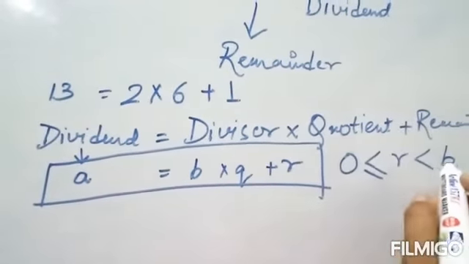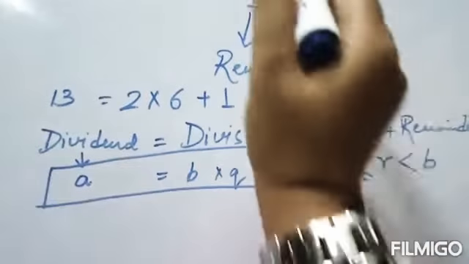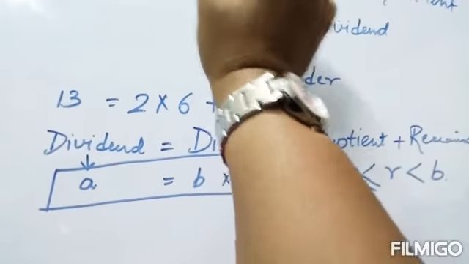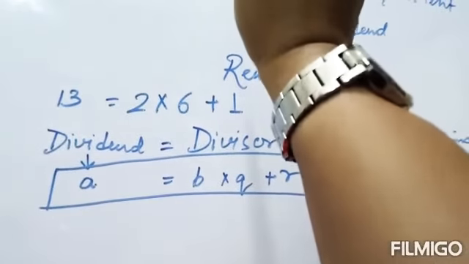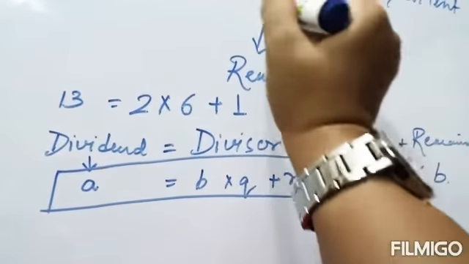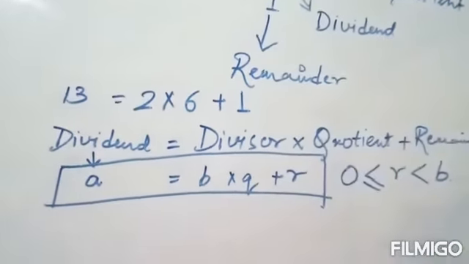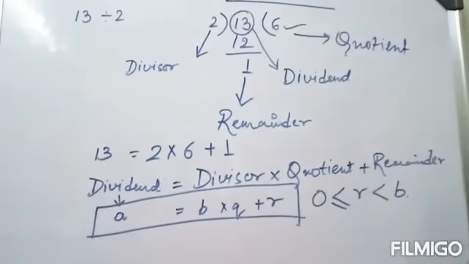You see, B is the divisor. Whatever is the divisor, you will always find that the remainder is smaller than that. It can't be greater than the divisor.